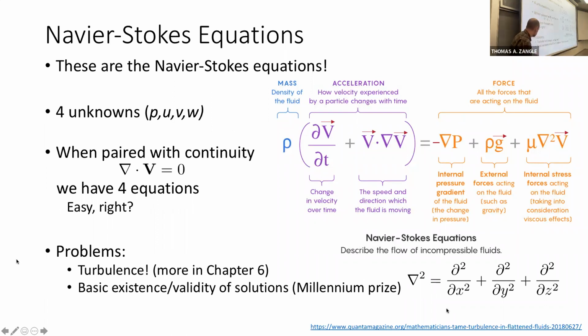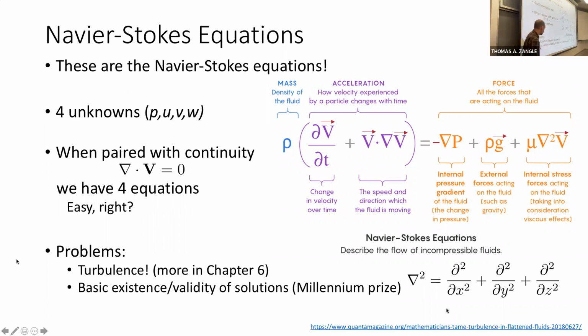Some of the issues here are turbulence. We're going to talk quite a bit about turbulence in chapter 6, and then again in chapter 7, and the implications of turbulence on our ability to find solutions for these equations.